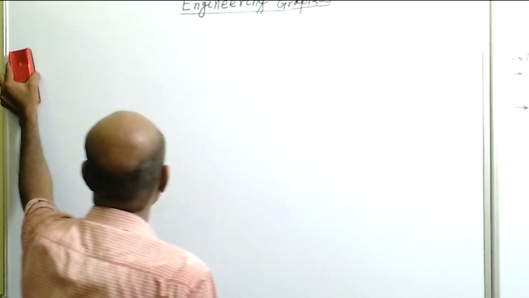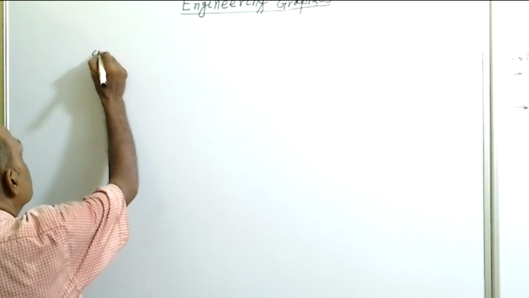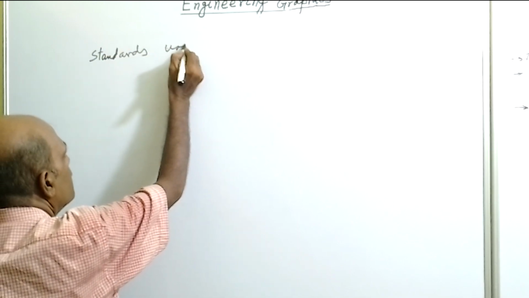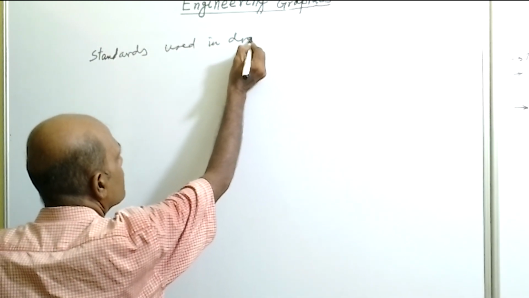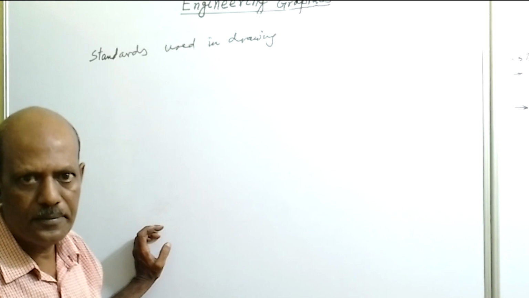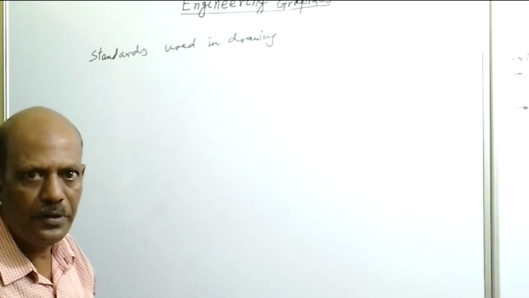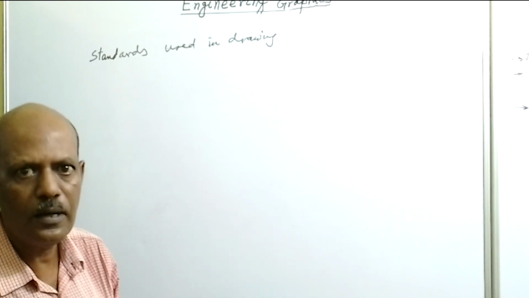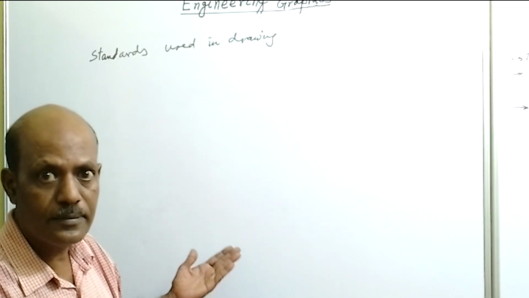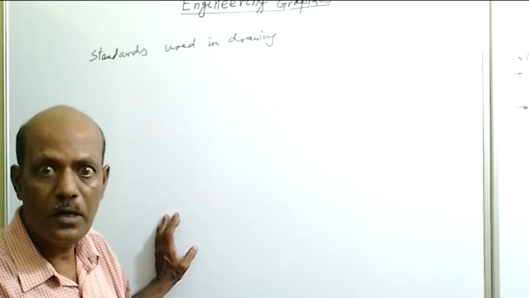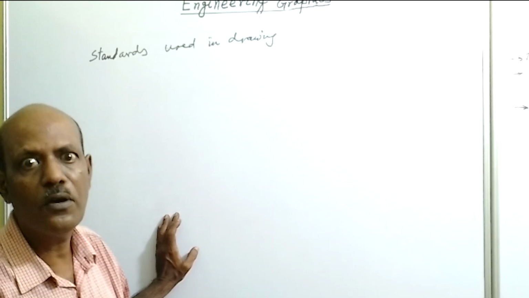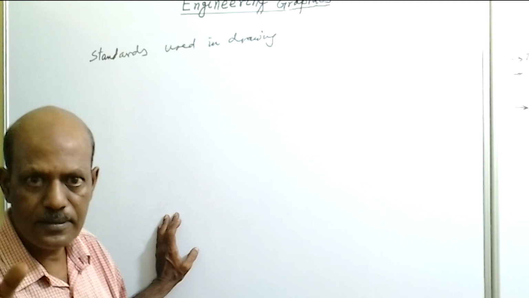As per the definition, engineering drawing is the presentation of a three-dimensional object on a sheet of paper as per its shape and size, by using points, lines, curves and symbols, and by following the stated standards.